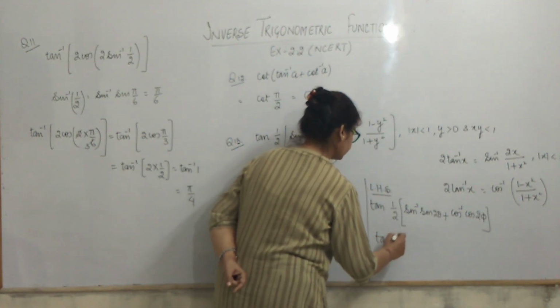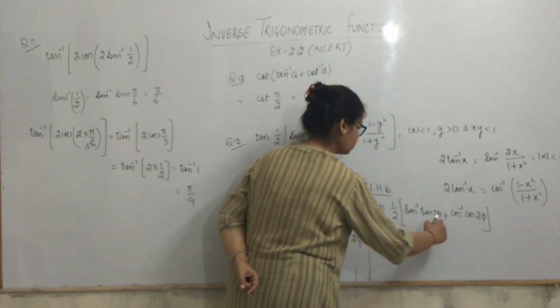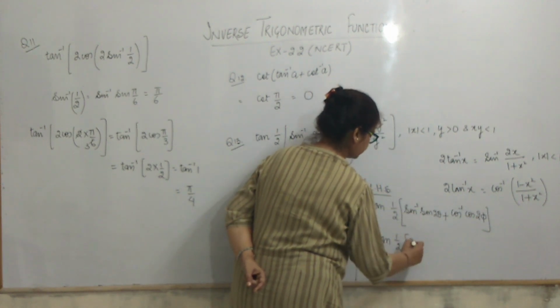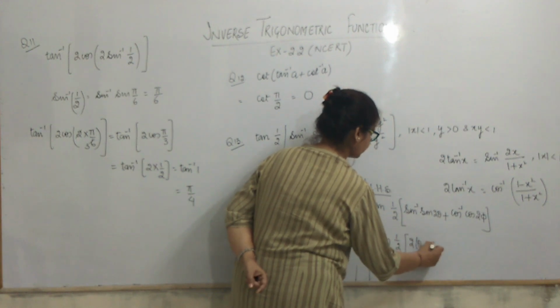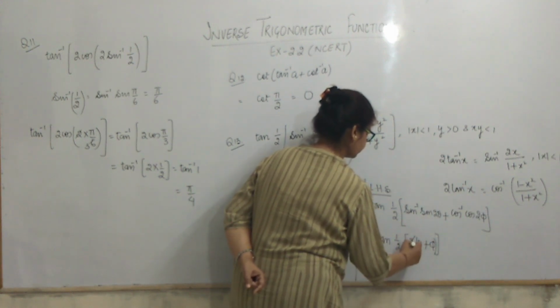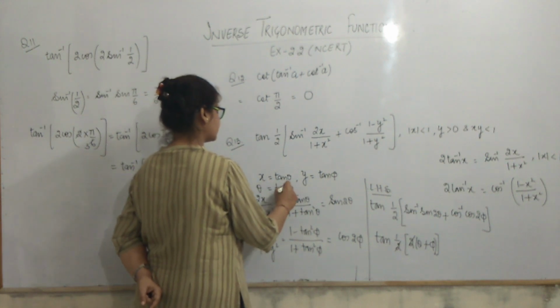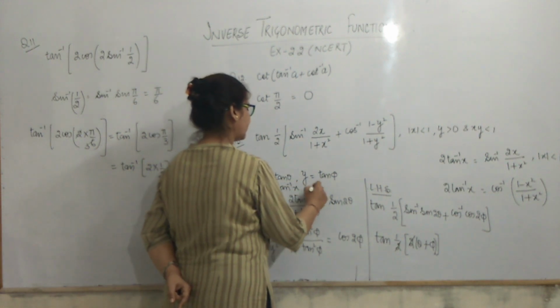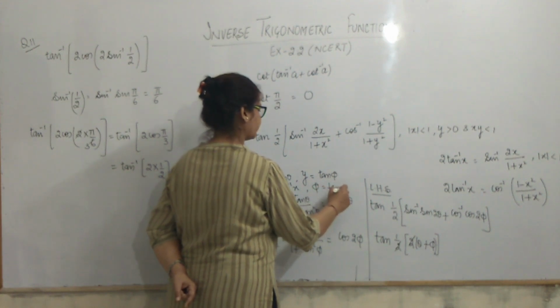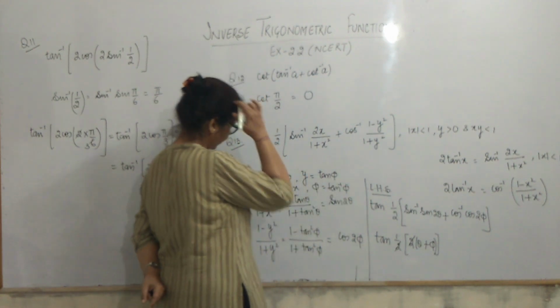That is tan half of (2 theta plus 2 phi), which is tan of (theta plus phi). Theta is tan inverse x and phi is tan inverse y.